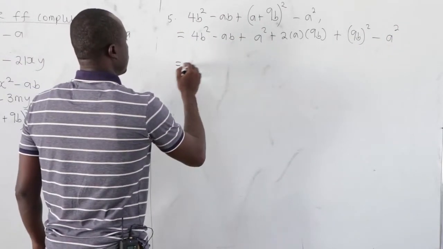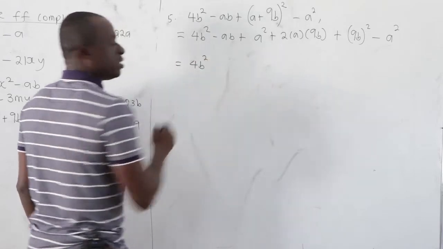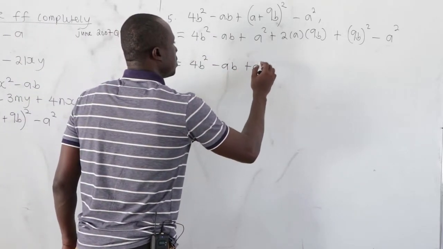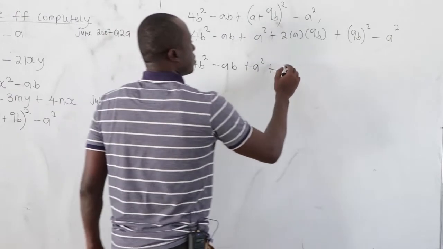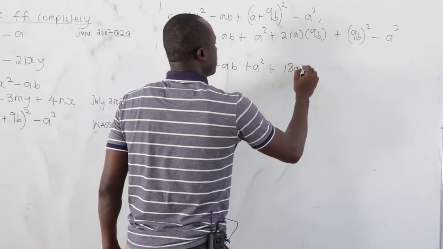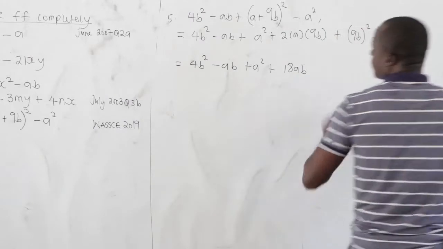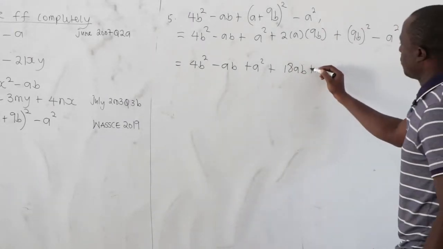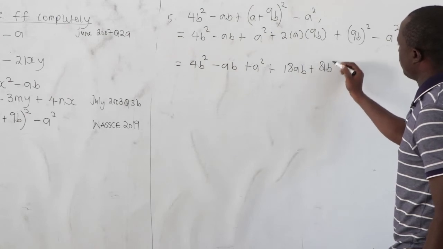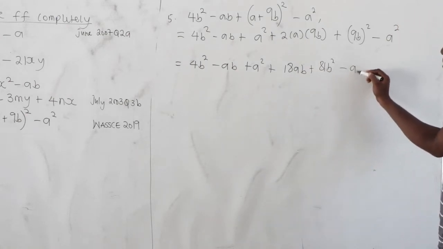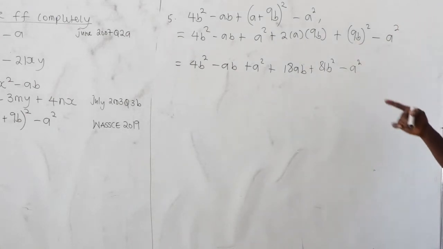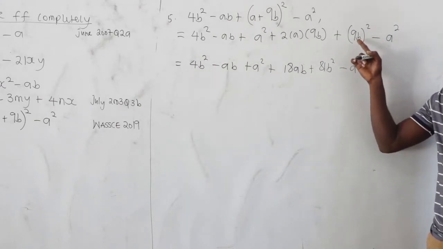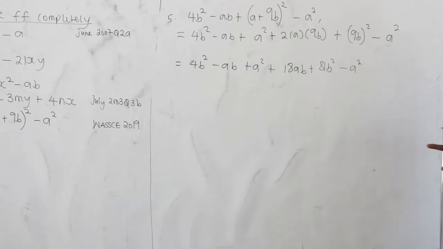From here, this will give us 4b squared minus ab plus a squared plus 18ab, because 2 times 9 is 18, a times b is ab, and then plus 81b squared minus a squared, because if you have ab all to the power n, and hence 9b all squared becomes 9 squared b squared.